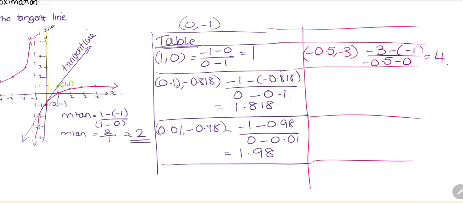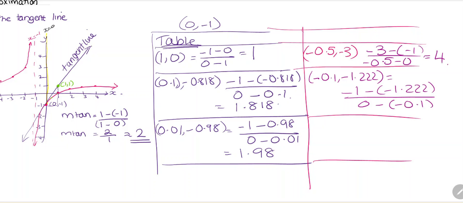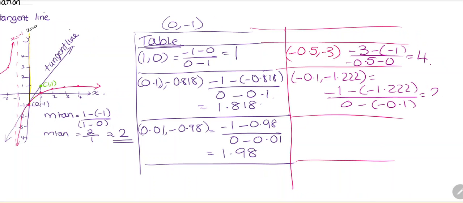Right, so we need to choose some nearer points. So minus 0.1 and minus 1.222. This is going to be minus 1 minus 1.222 divided by 0 minus 0.1, which gives us 2.222. Okay, let's choose another value.